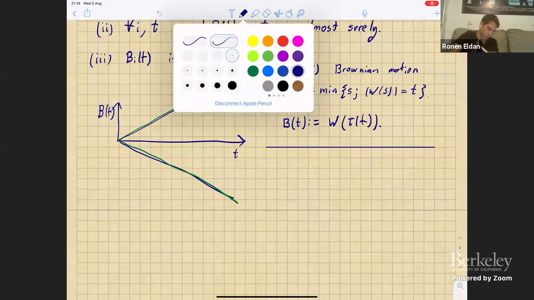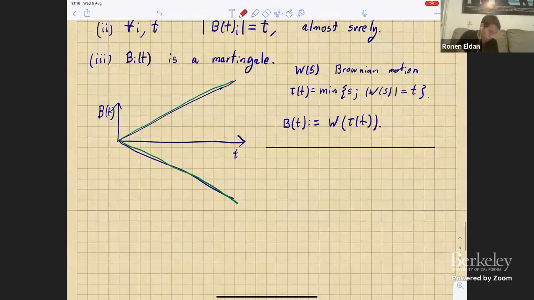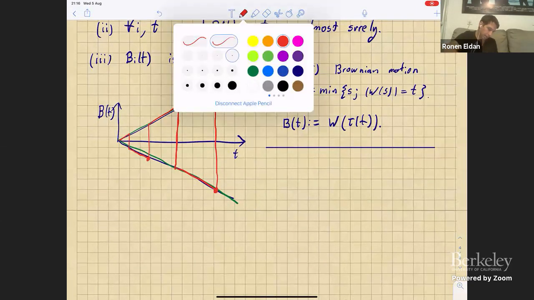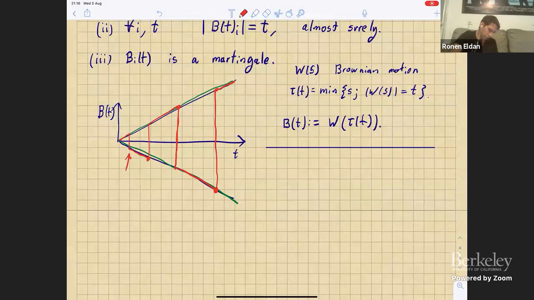But first, to draw a picture, this process really goes on these lines, and once in a while it jumps up or down like this. These times where the process jumps are a sequence of times between 0 and 1.